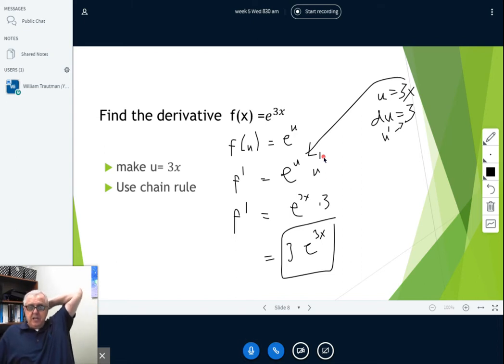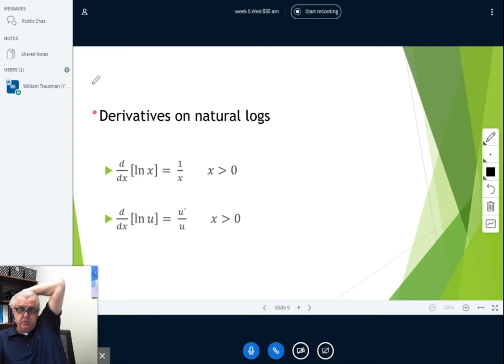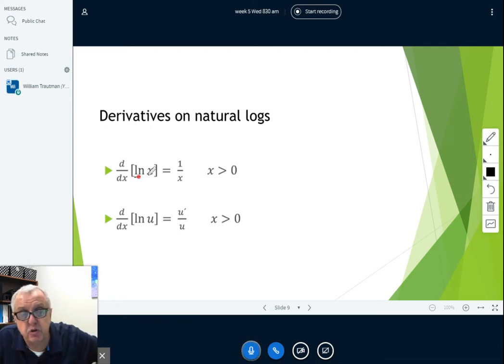All right. So I did notice in this section of the book, there's a couple of other things we should learn. And these should be on your formula sheet for derivatives. The derivative of the natural log of x is 1 over x.